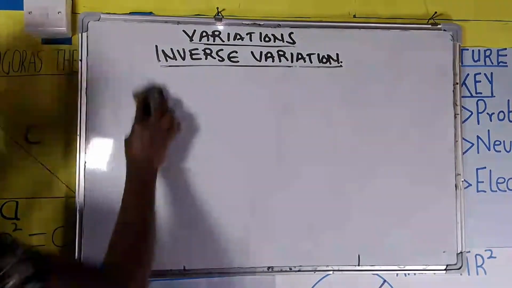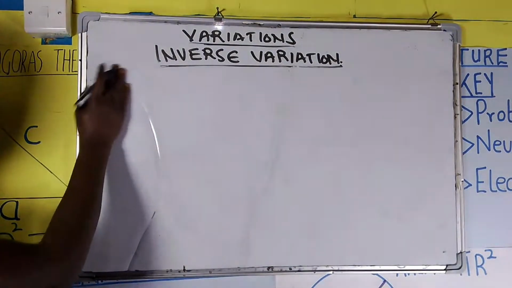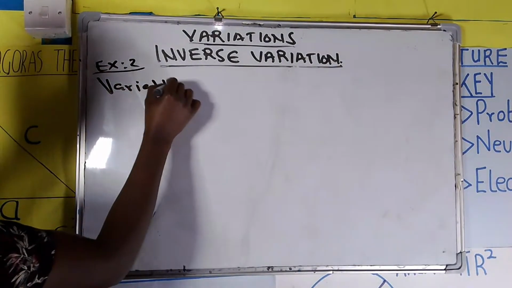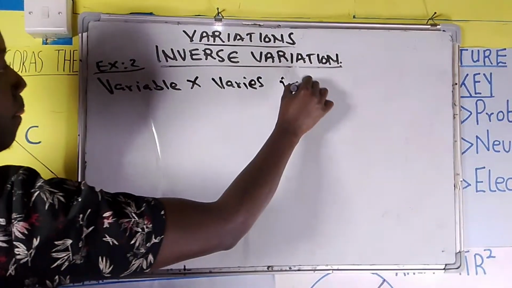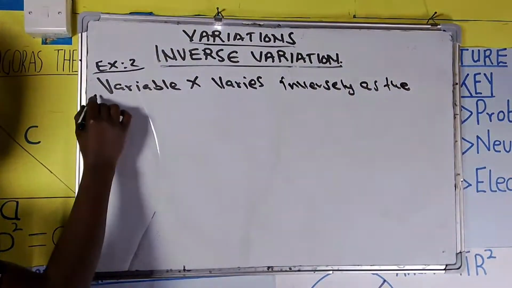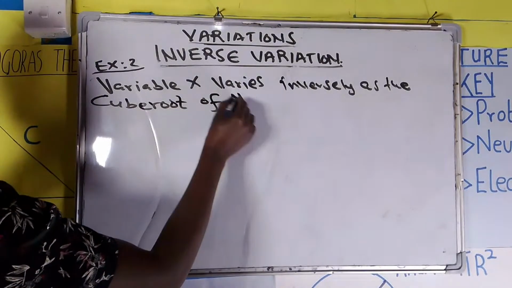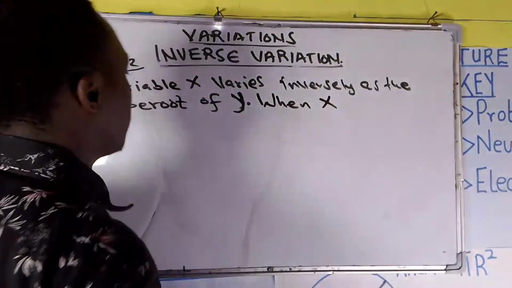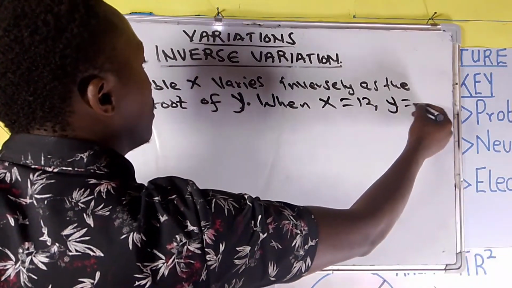Let's do the second one. Variable x varies inversely as the cube root of y. When x is 12, y is 8.